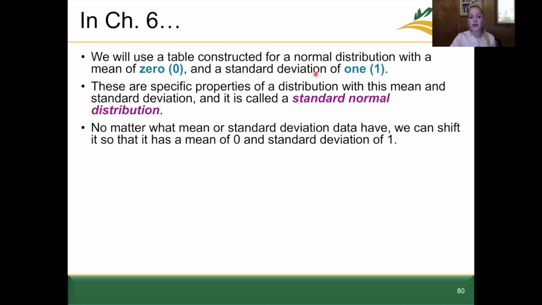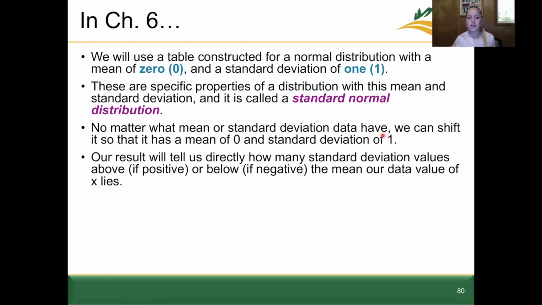So although we might not calculate data where we have a mean and a standard deviation of these values, we can shift our data so that it does have a mean of 0 and it does have a standard deviation of 1. Now, after we shift our data and calculate a z-score, our result will tell us directly how many standard deviation values above or below the mean our data value of x lies.